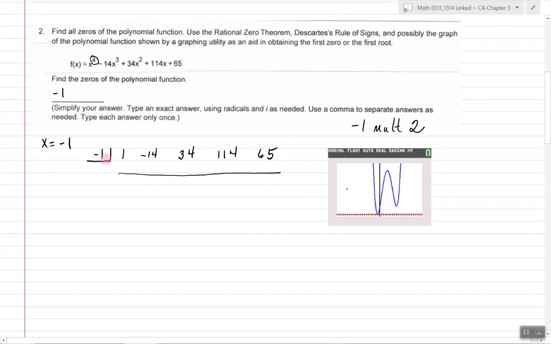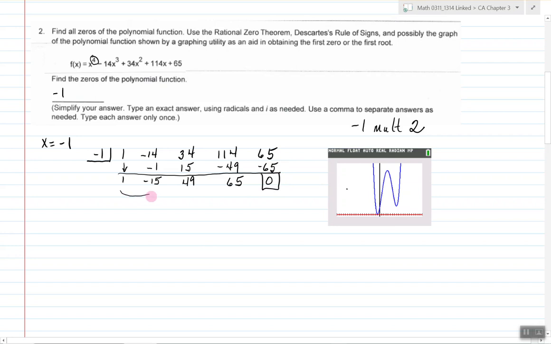So I will bring down my starter of 1. 1 times -1 is -1. That gives me -15. -15 times -1 is +15, which gives me 49. 49 times -1 is -49. If I subtract here, I'm going to get 65. 65 times -1 is -65, and just like I expected, I got a remainder of 0.